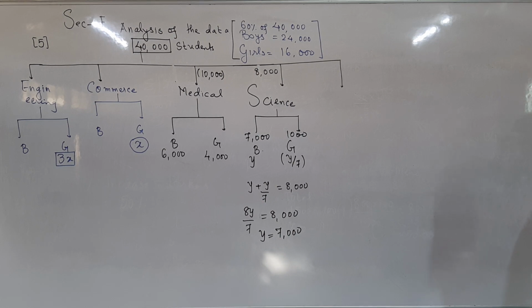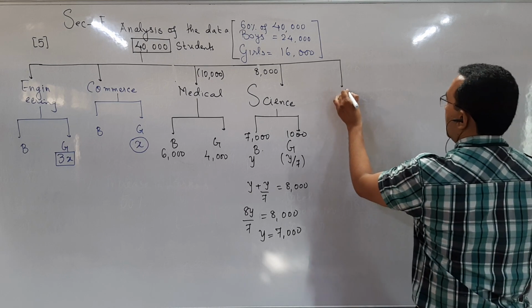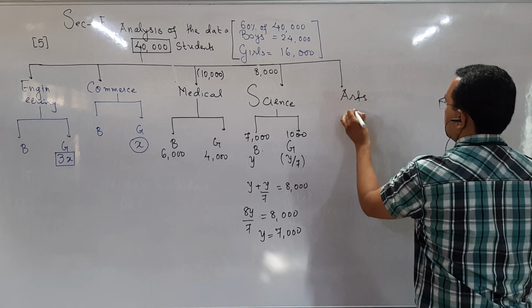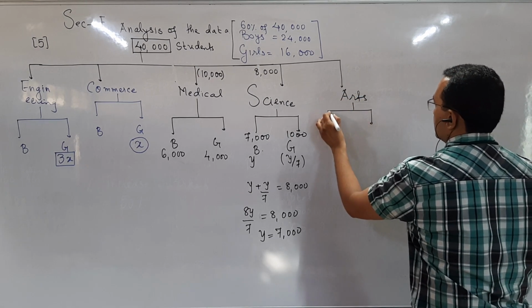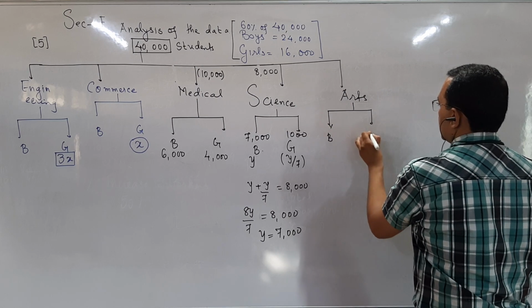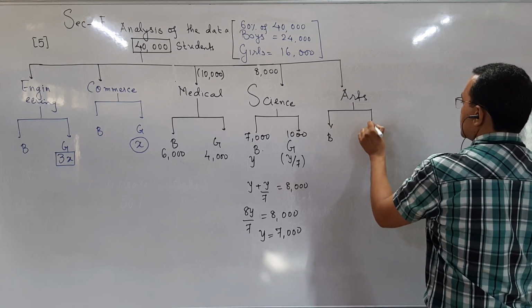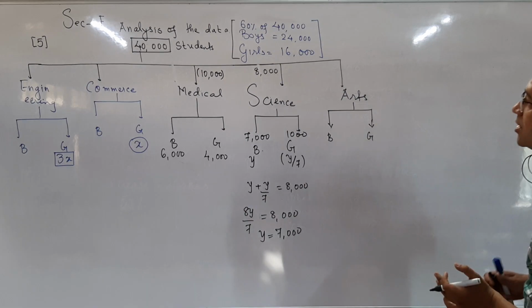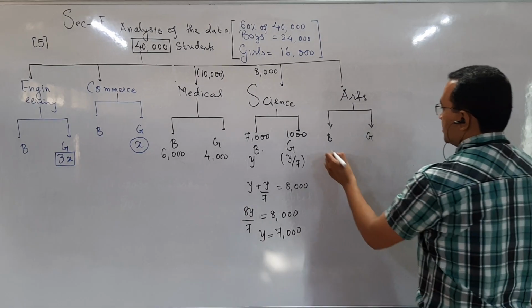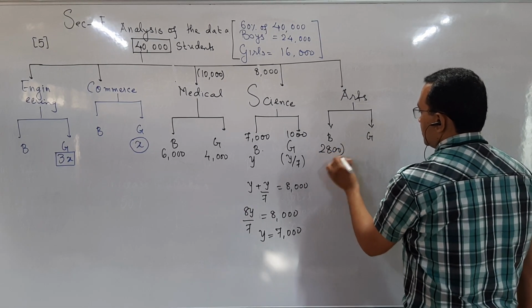Then 7% and 17% of the total number of students of arts faculty were boys and girls. So the last faculty is arts. Boys 7%: 4 sevens are 28, so 2,800.